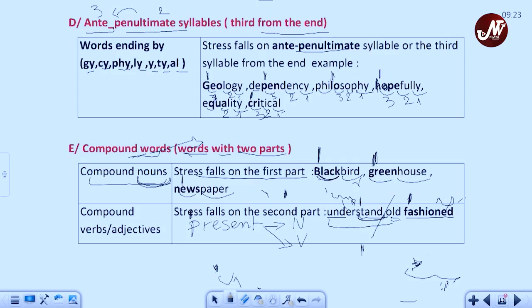This is a noun. Then if we have it as a verb, we stress on the second one, present. To present, and the present simple.